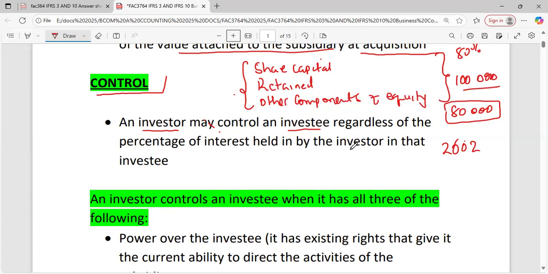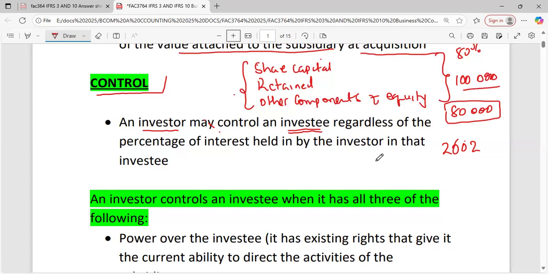But here we are now saying as long as they have powers to control the investee, then they have control, irrespective of the percentage of interest held by that investor.